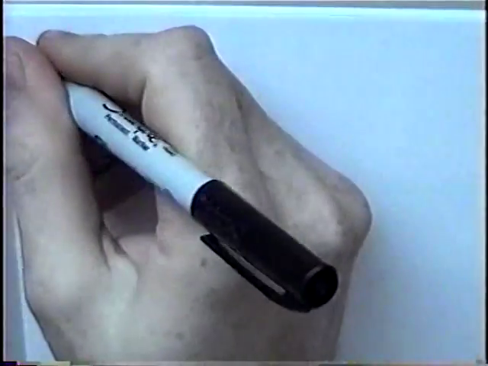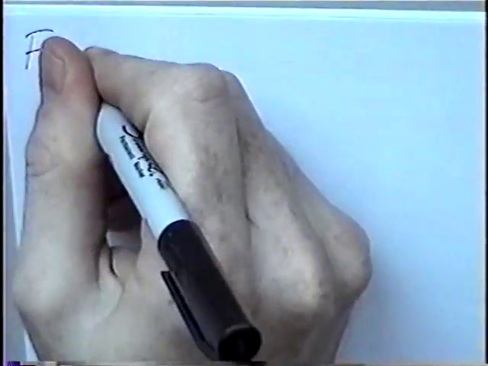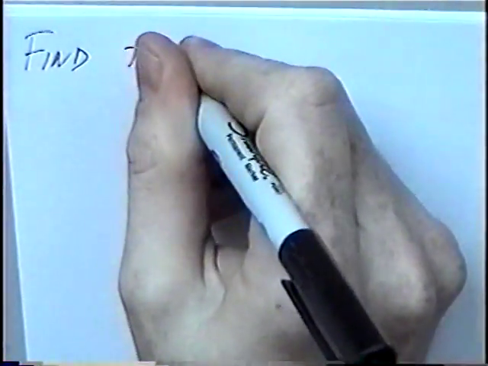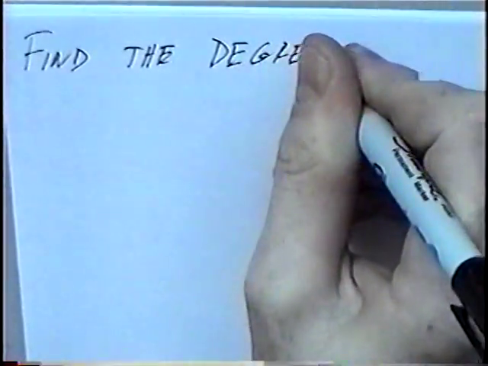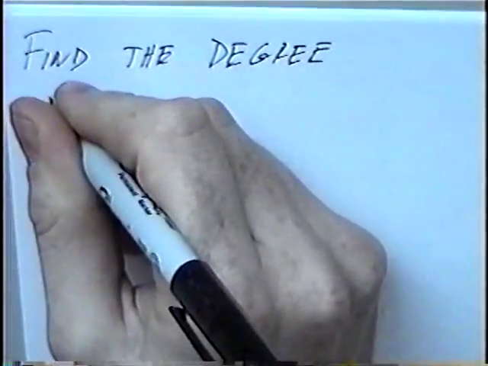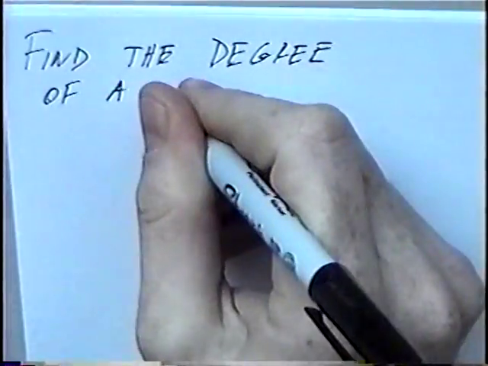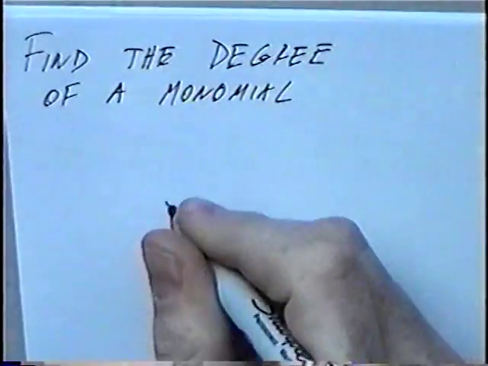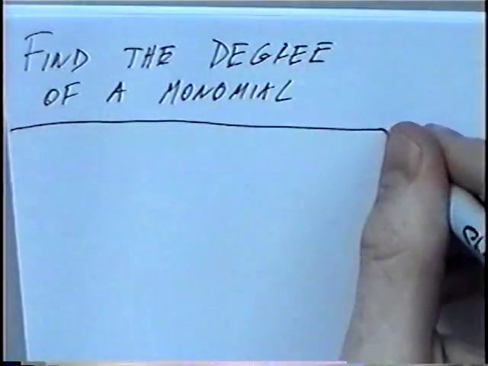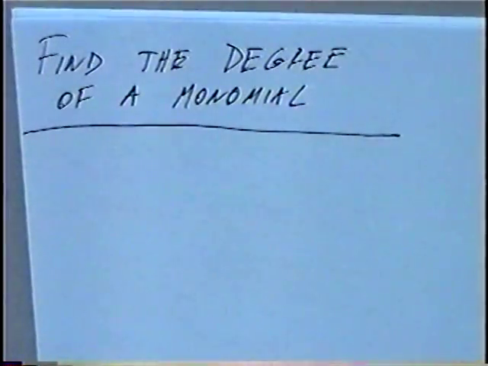Title of the first section, find the degree of a monomial. Definition for the section.